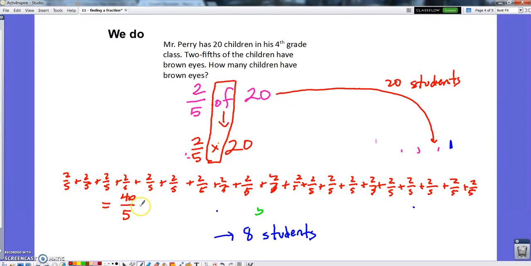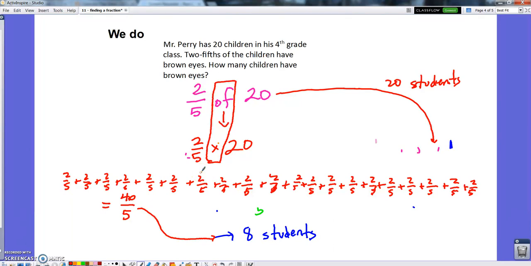It's right, but if you calculate how many 5s go into that 40, you'll get, guess what? 8 students. So, I'll be the first to tell you, with problems like 20, where there are 20 of them to do, this is not the strategy I would probably choose. It's probably just as easy to draw the visual model, or just as easy to draw the number line as to do the multiplication out to 20. But I want you to know it's an option.